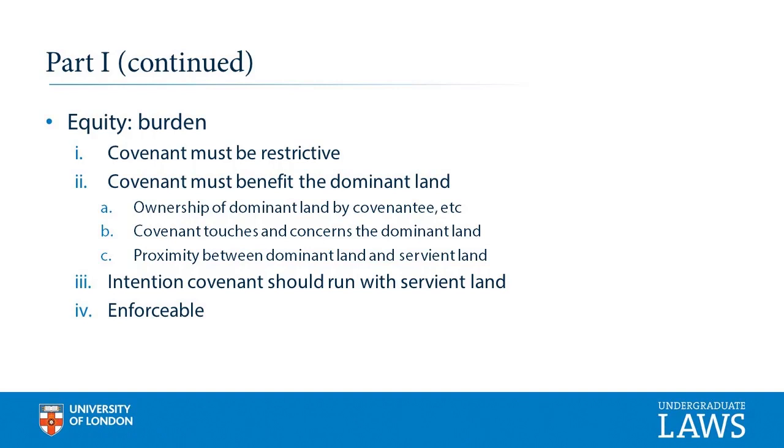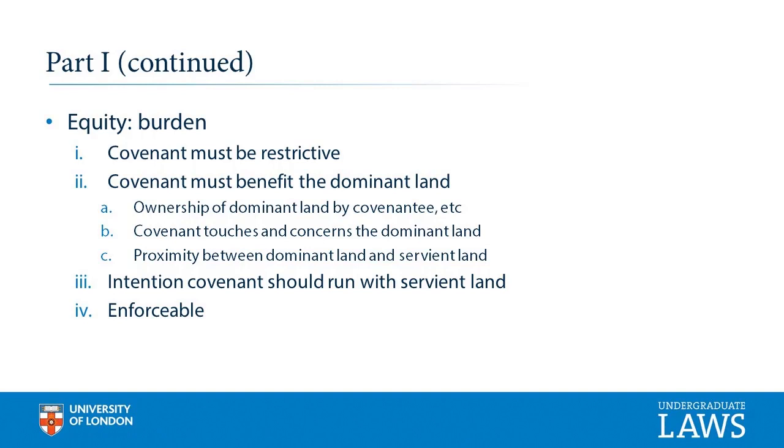Another case that we can consider is in re Gad's land transfer. In this case, E sold a plot of land to R. E retained most of the surrounding land, including a lane.